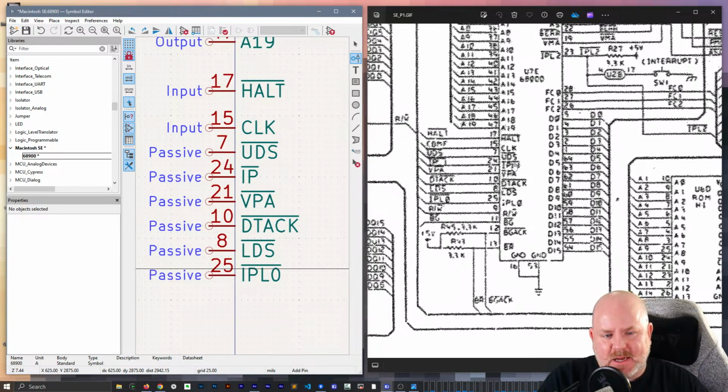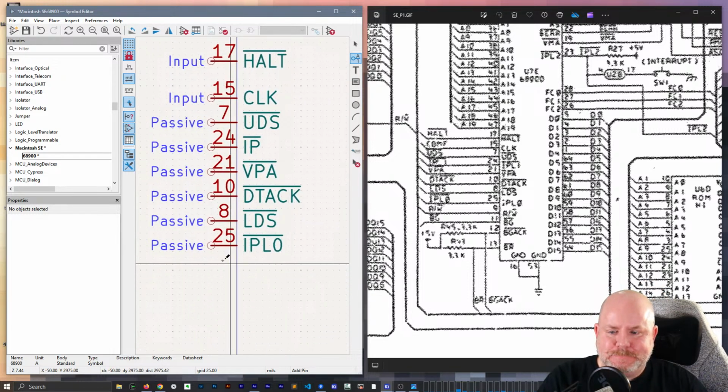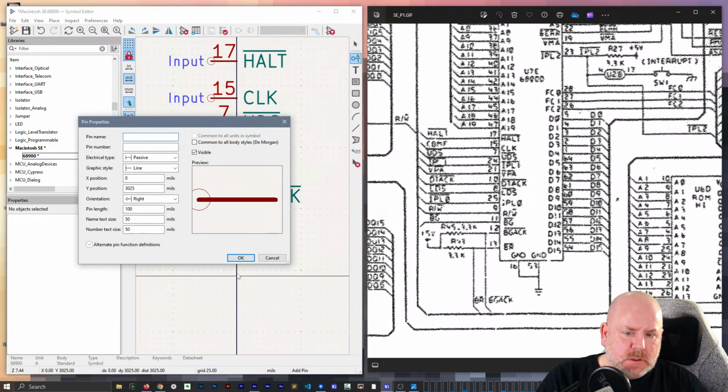I just wonder why is it dotted out. So, okay, this one's easy. This is read write. So that's an output. And that is pin 9, probably.